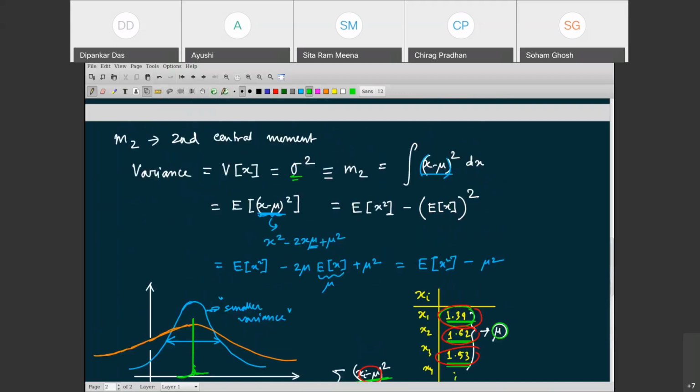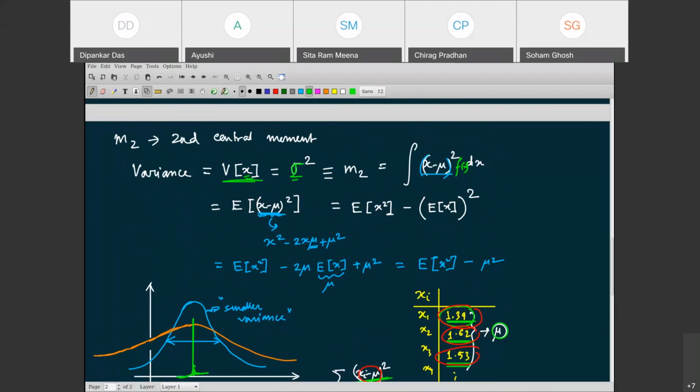By the way, it is sometimes denoted by sigma square. Notice that if x is dimensionful, then V of x has the dimension of x square, so sigma has the same dimension as x.